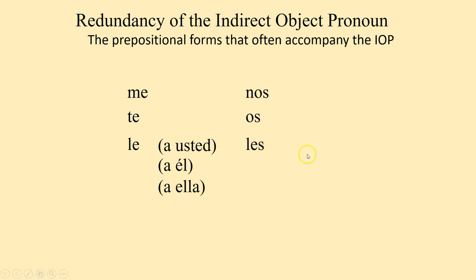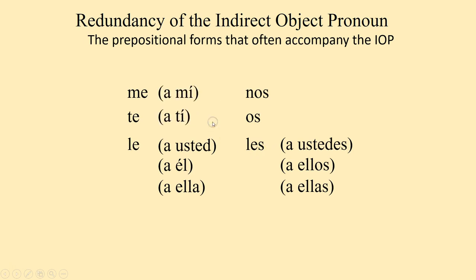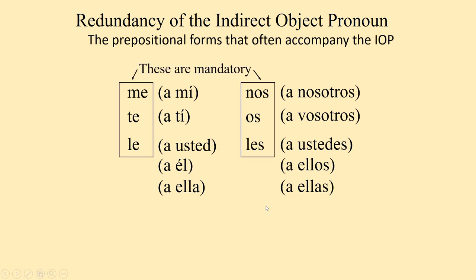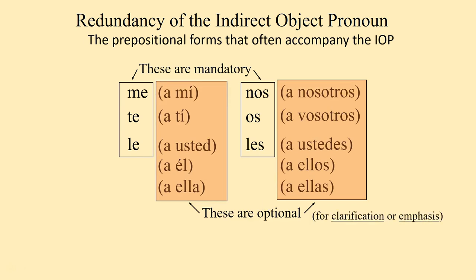Les is clarified using the prepositional forms a ustedes, a ellos, a ellas. While these prepositional forms are used to clarify the meaning of le and les, a mí, a ti, a nosotros, a vosotros are used for emphasis. These are mandatory, while these ones are optional.